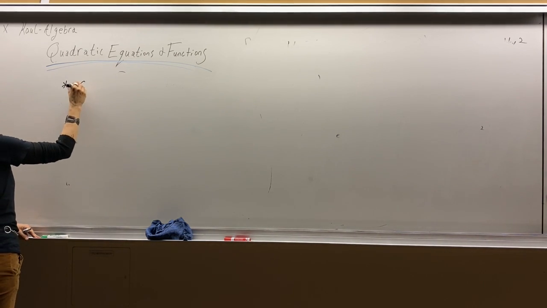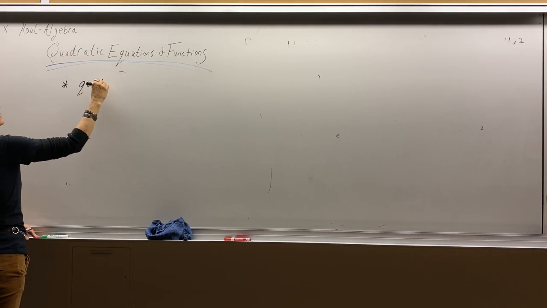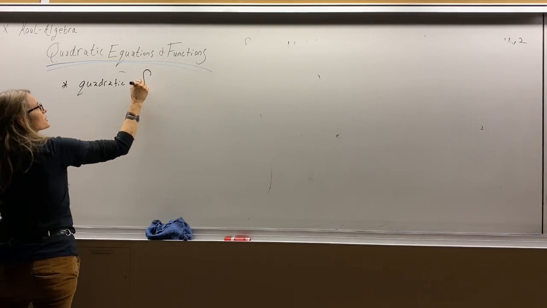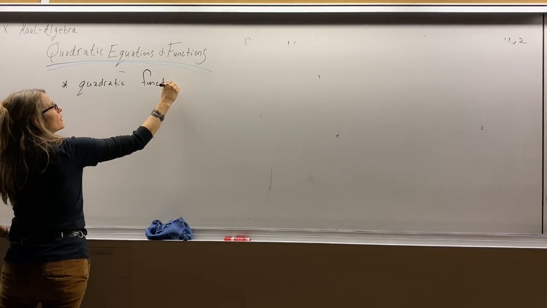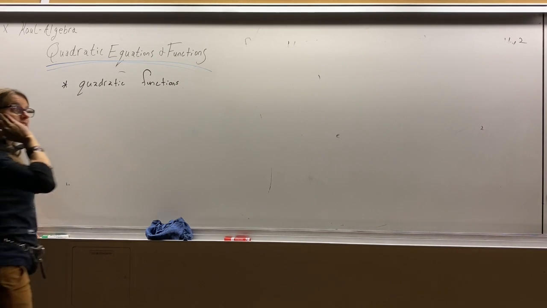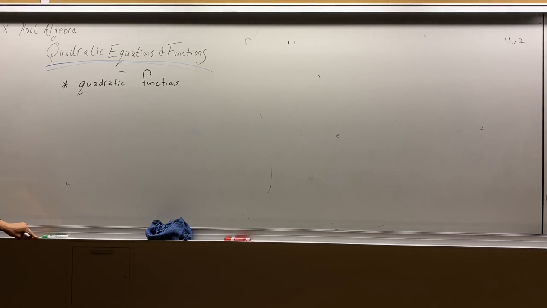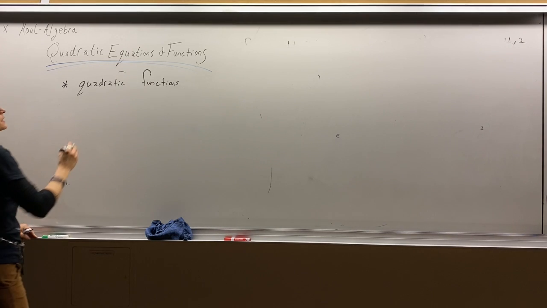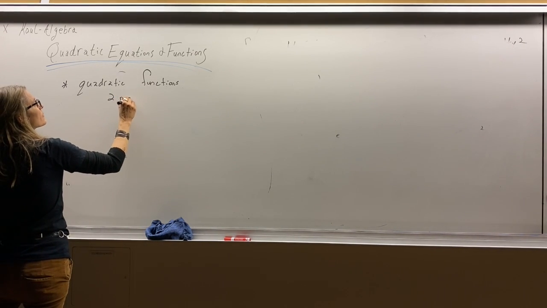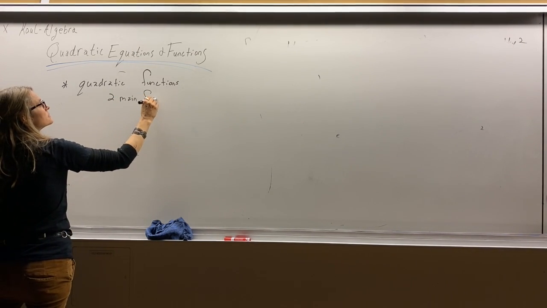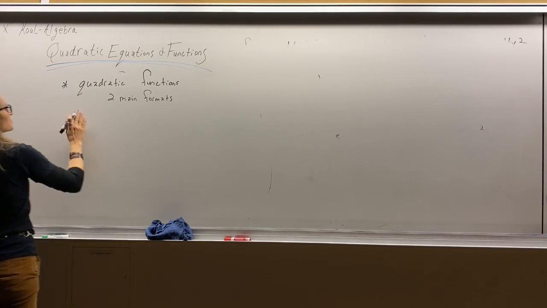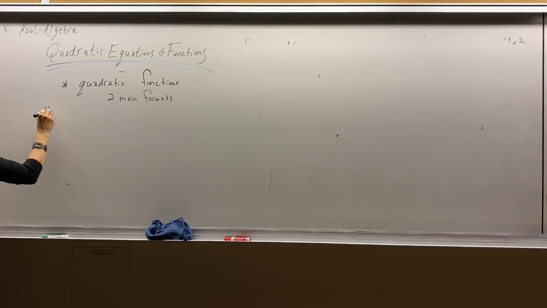So, quadratic functions. And we'll see this a little bit more later when we do graphing. We'll see more of a distinction here. The two main formats. So we've already looked at your standard form, which is going to have a lot of uses, especially when we're applying something called the quadratic formula.